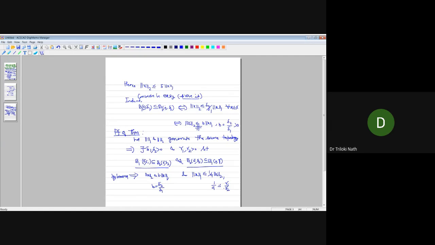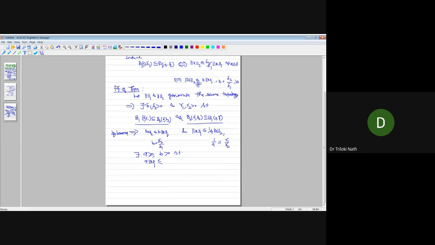So what we have shown is that there exist a bigger than 0, b bigger than 0 such that a times norm of x with respect to norm 1 is less than or equal to norm with respect to norm 2, which is less than or equal to b times norm with respect to norm 1, for every x in X. And this completes the proof of this theorem.